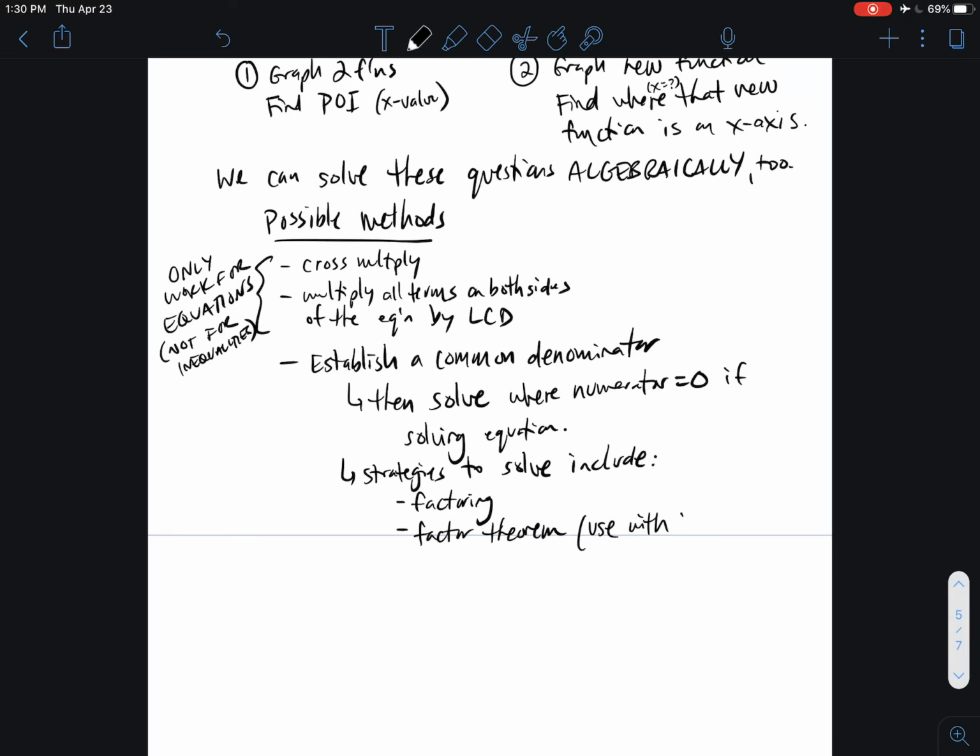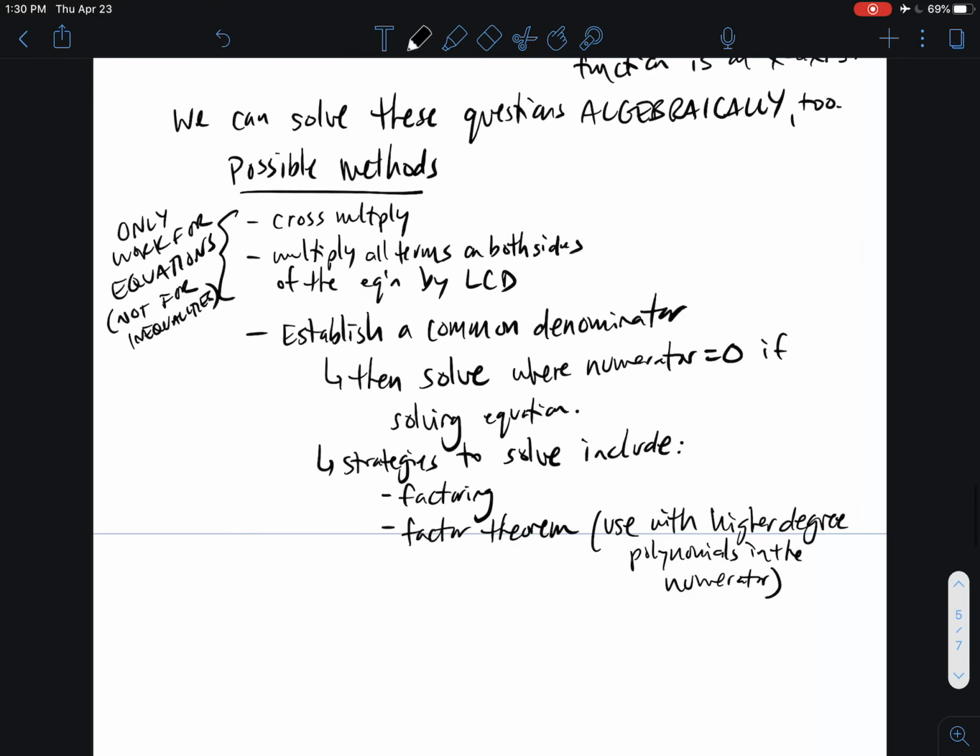But you might want to use them with higher degree functions. Or if it's quadratic, you can use the quadratic formula.